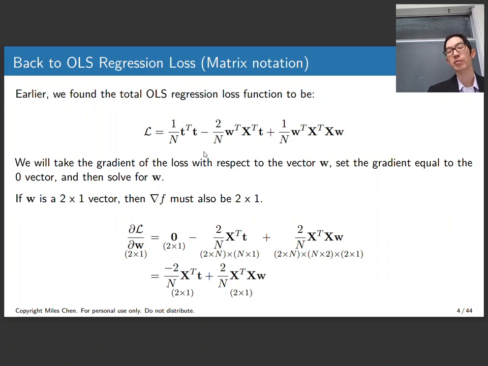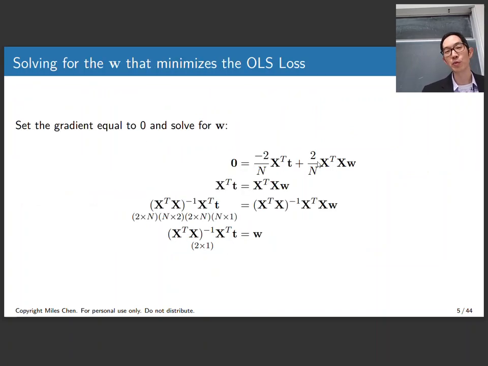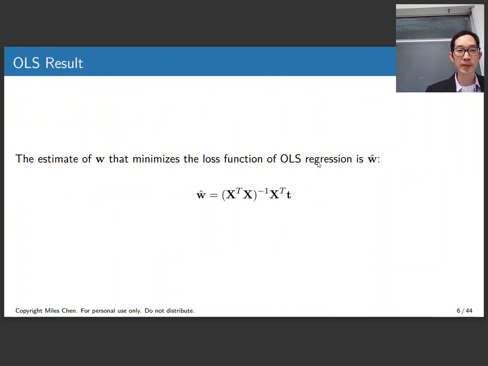That will correspond to the local min, or in this case, if it's just the squared residuals, it will be the global min. The estimate of our weight vector w, which collects the intercept and the slope together into a 2x1 matrix, is going to be this.